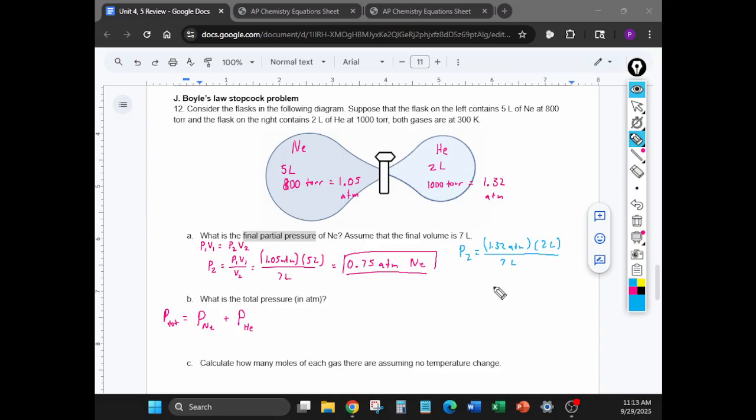So 1.32 times 2 divided by 7 gives you 0.38 ATM of helium. If your numbers are a little different than mine, you're good, as long as you're close. For the total pressure, you just add those two numbers together, and you should get something around 1.13 ATM.